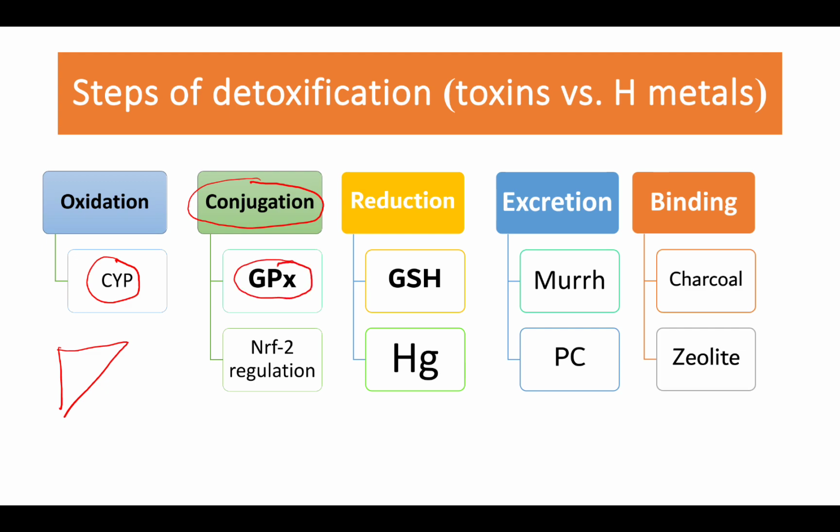And if it is not a toxin, if it is a heavy metal, it needs the glutathione itself to reduce the heavy metal and make it non-toxic. So if I consume the glutathione in the glutathione peroxidase, I will not have enough glutathione to neutralize heavy metals. After that, both of them will get excreted from the liver.